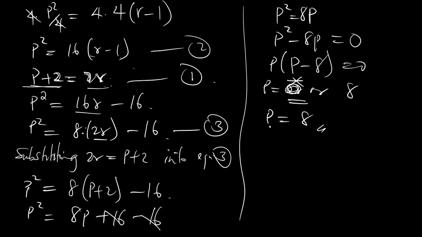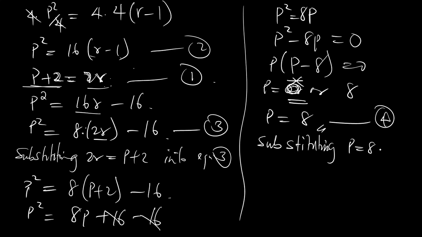But for the circle, we need to find the radius. So now, in equation 1, you have P plus 2 equal to 2R. Let me call this equation 4. Now substituting P equal to 8 into equation 1, you now have P plus 2 is equal to 2R.